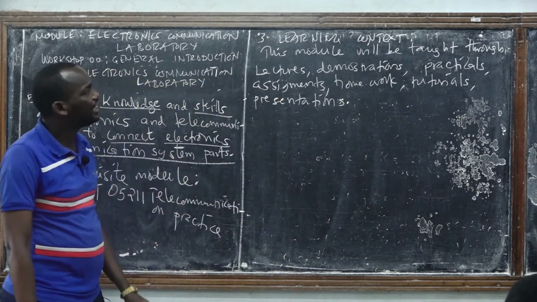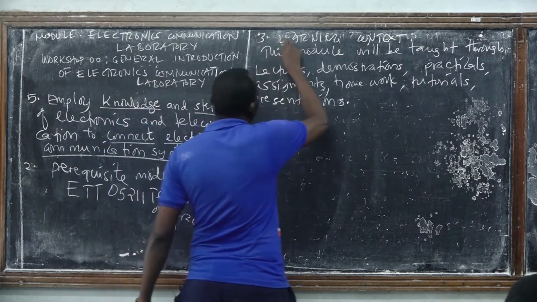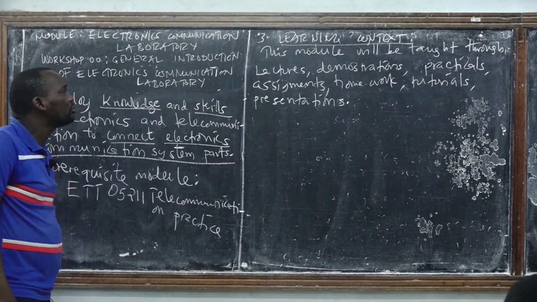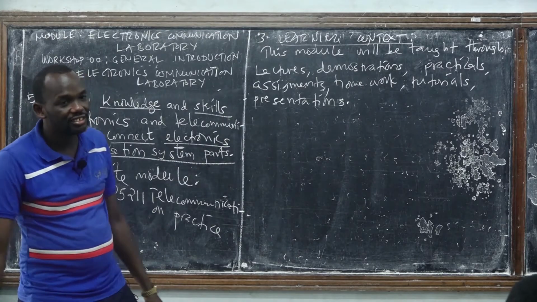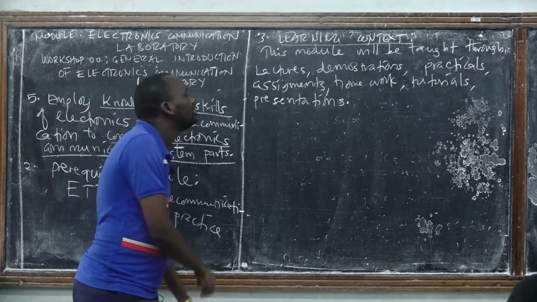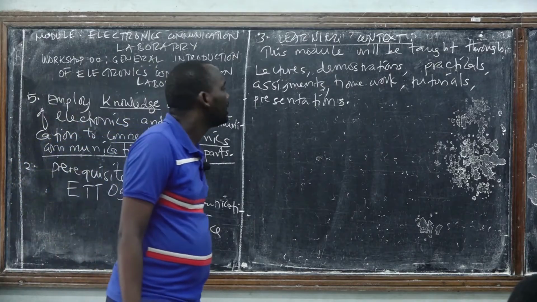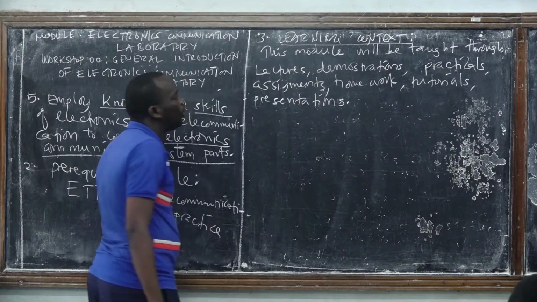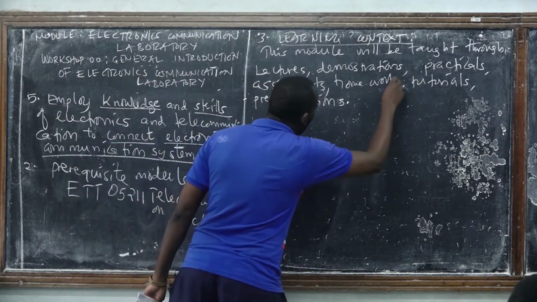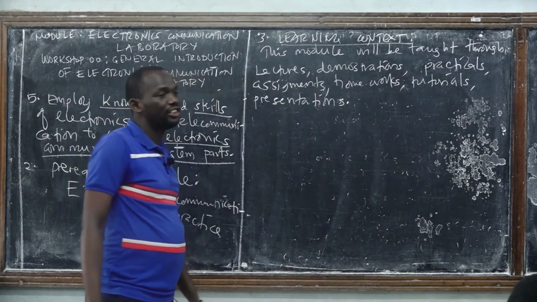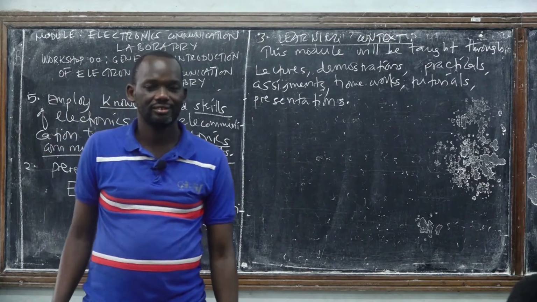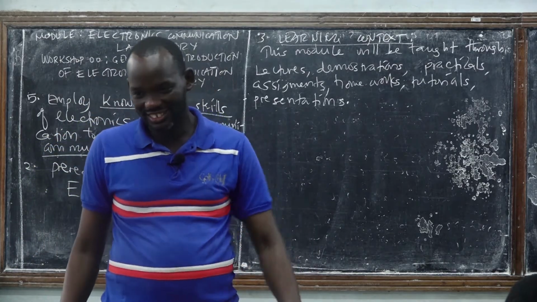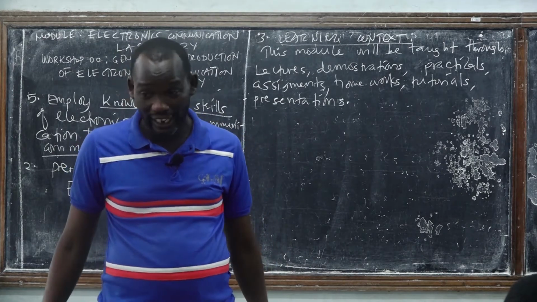So this is the learning context of Electronics Communication Laboratory. This module has to be taught through lectures, demonstration, practicals, assignments, homeworks, tutorials, presentations. So if I assign you any of those, then you should not complain.